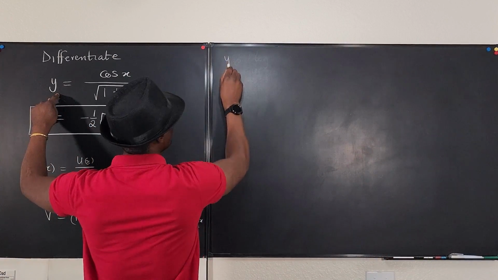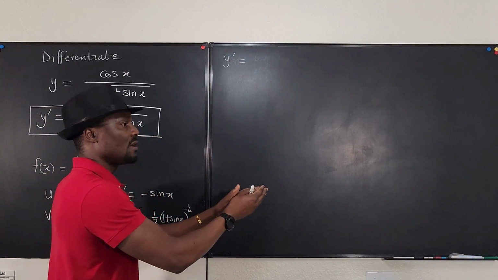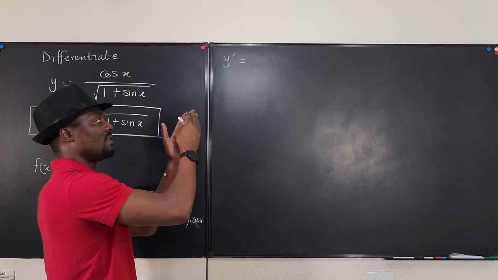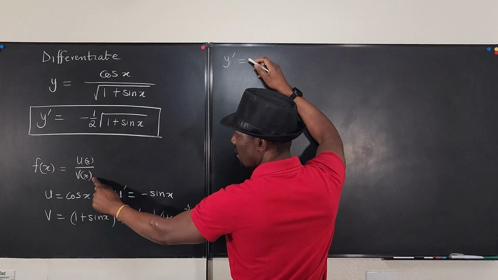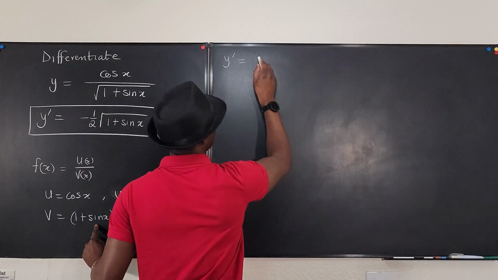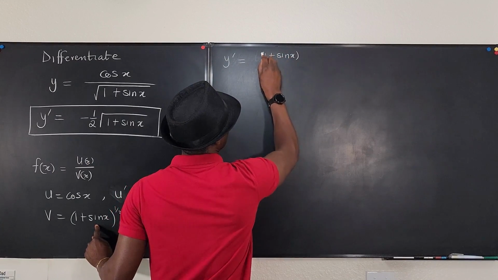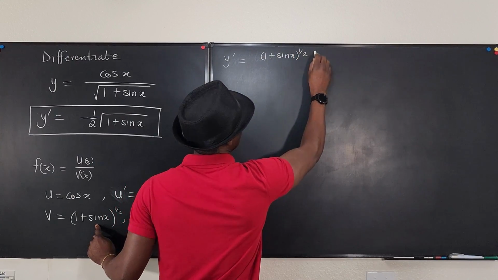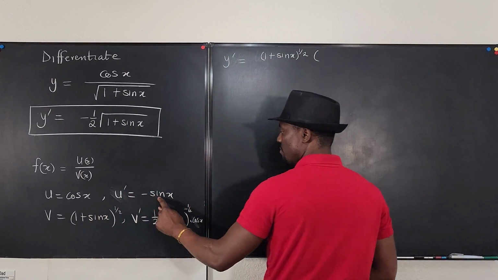Well, the quotient rule says y prime is equal to the denominator multiplied by the derivative of the numerator. So it's going to be the denominator, that's our v, 1 plus sine x, raised to 1/2, multiplied by the derivative of the top, which is minus sine x.